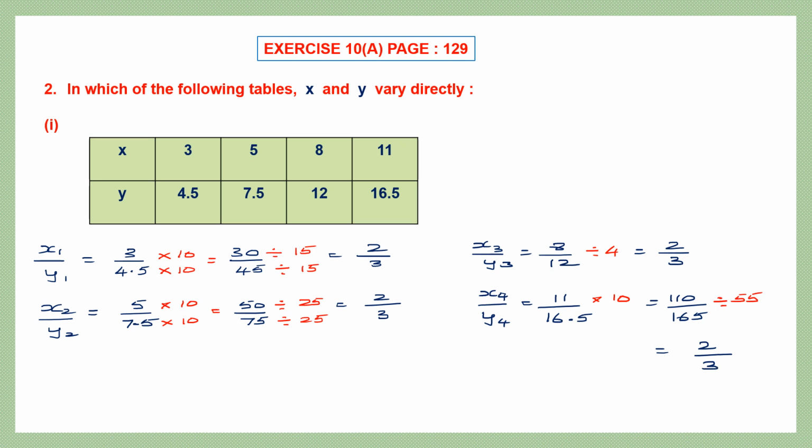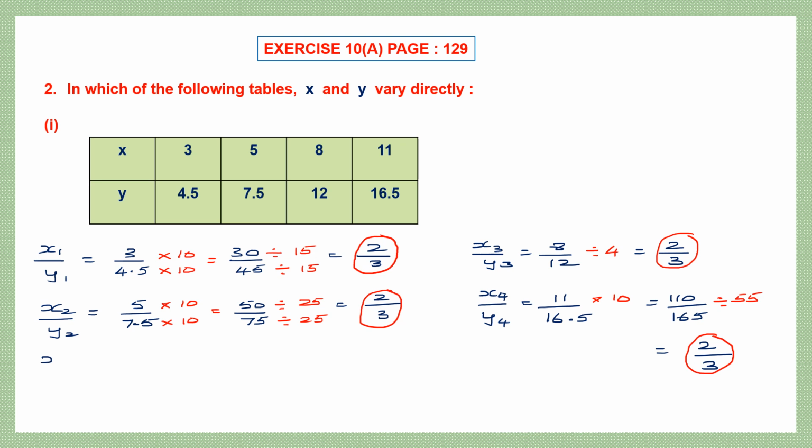So now as you can see, when we reduce the first ratio, we got 2 by 3. Second one also we got 2 by 3. Third one 2 by 3, and the last one also 2 by 3. When it is a constant, then we say that x and y are in direct proportion or direct variation.